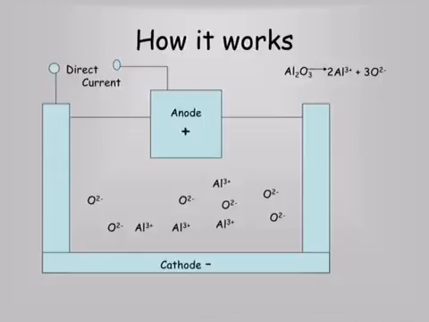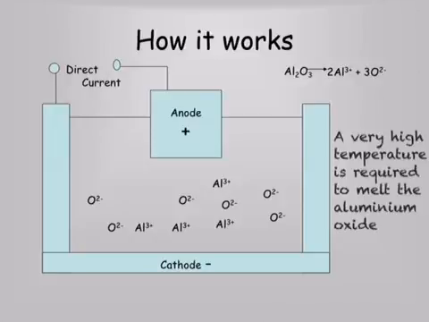The anode, the positive electrode, will attract the negative oxide 2- ions, and this is what we will look at first. In order to carry out this electrolysis, we need a very high temperature. This very high temperature is needed because we need to melt our aluminium oxide in order to have ions in the liquid.